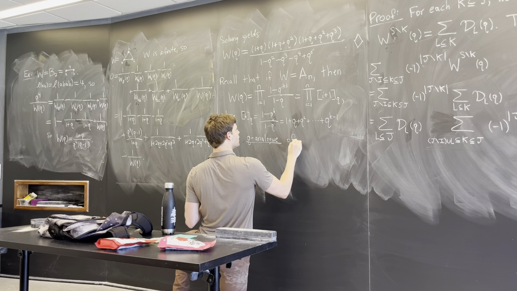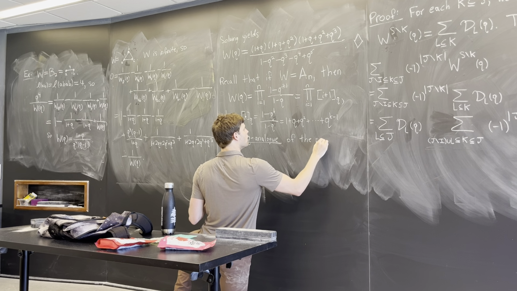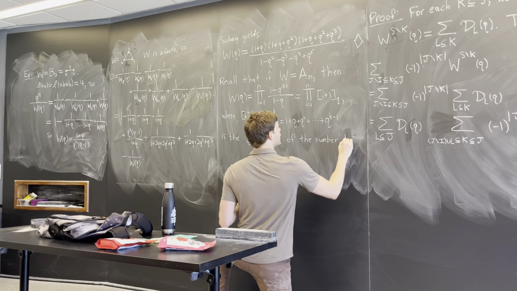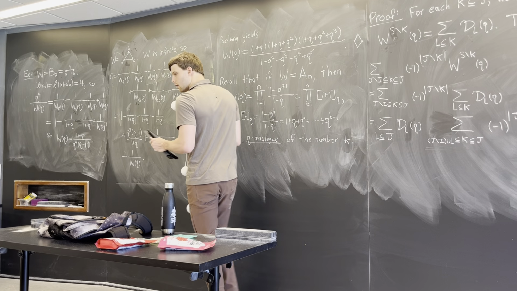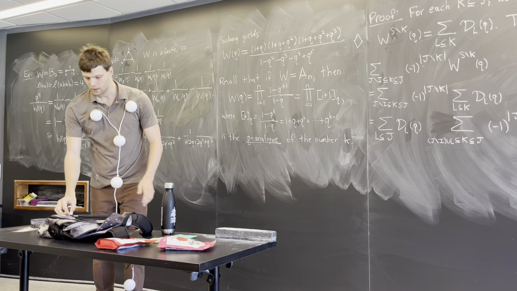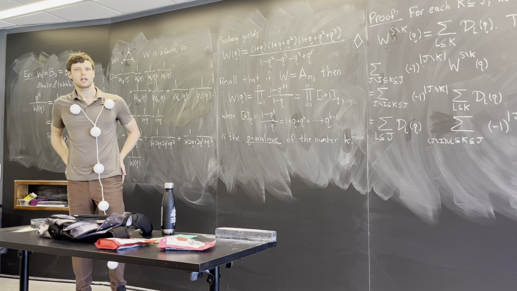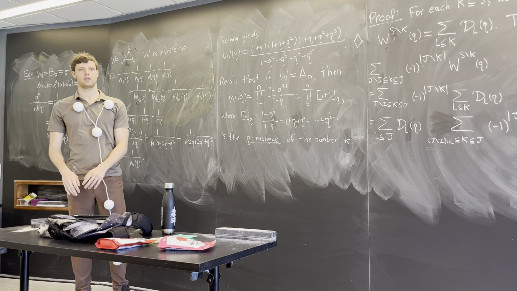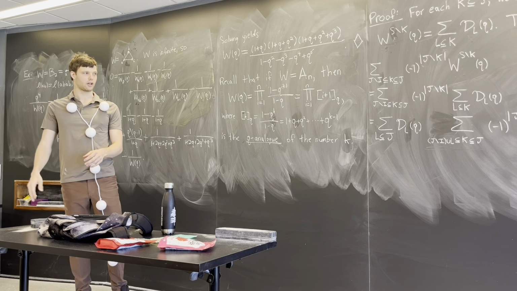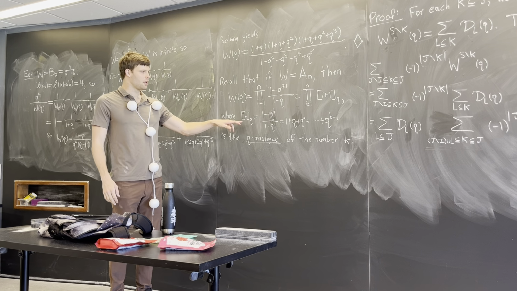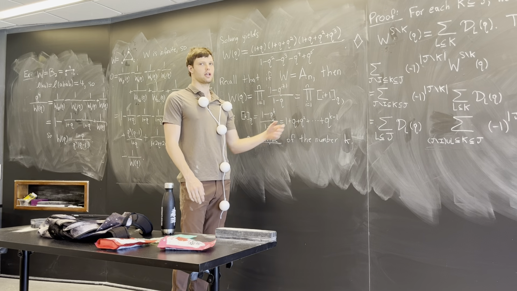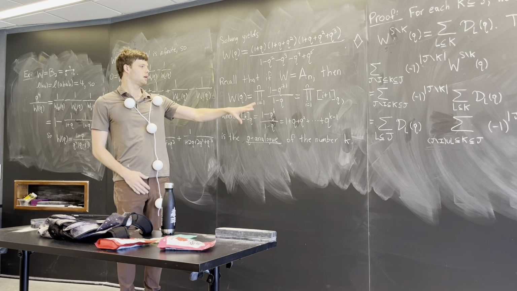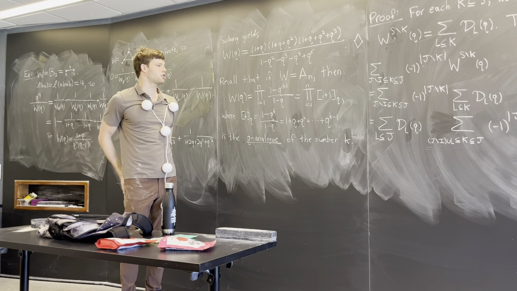Q analogs are pretty common in enumerative and algebraic combinatorics. Basically, it's a generating function such that if you set q equals 1, you get the original thing that you cared about. Here, if you set q equals 1, you just recover the number k, but it's a refined version of the number k.